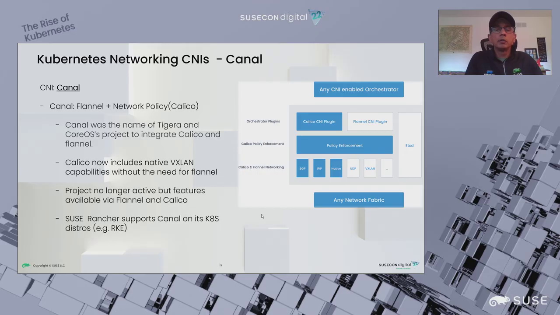The Calico project has tried to integrate most of the features back into Calico, especially the Flannel networking, and now it can use plugin chaining to have the benefits of more than one of the CNIs. So although the project is not very active, SUSE Rancher has very good experience with Canal, and we continue to support it with our Kubernetes distros.